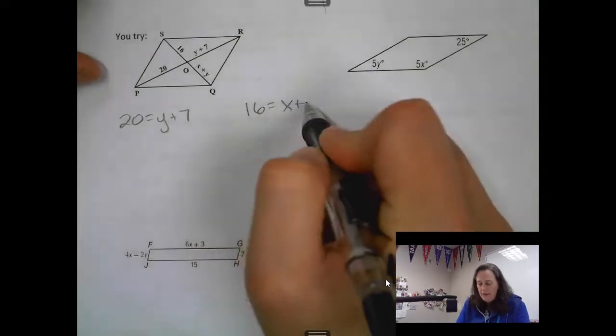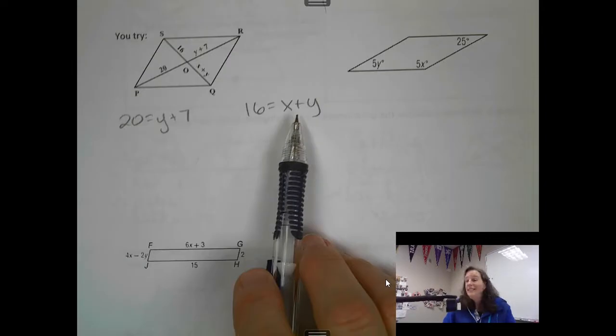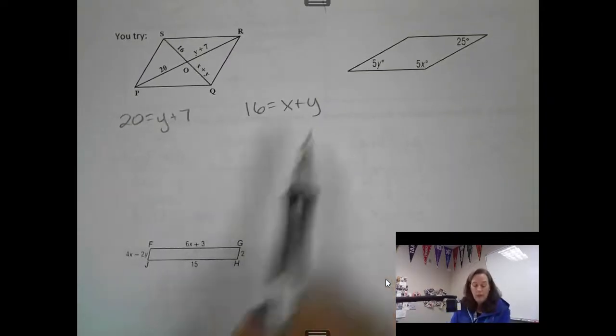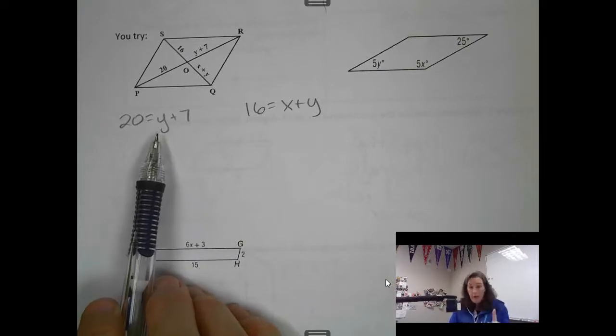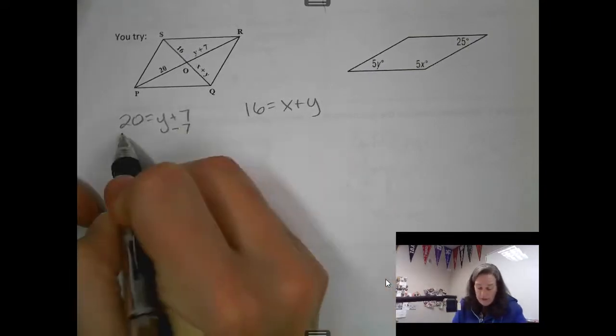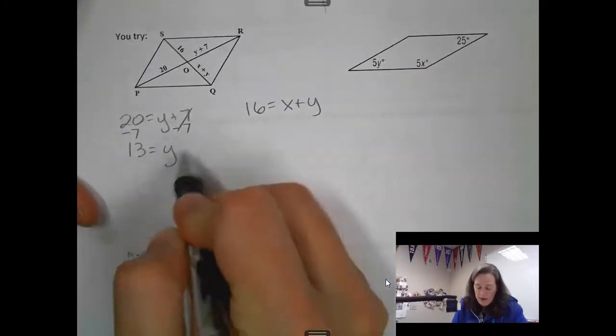Now I'm noticing this has an x and a y in it, so we don't want to start with that. Always pick the one that has just 1 variable, and you can solve that first. We'll subtract, so 13 equals y.